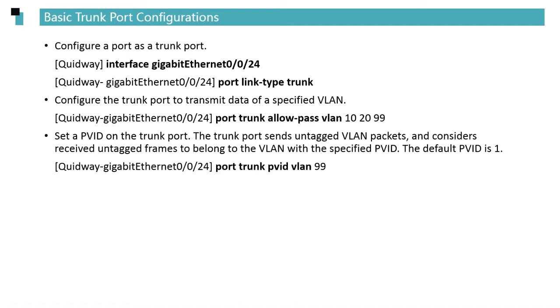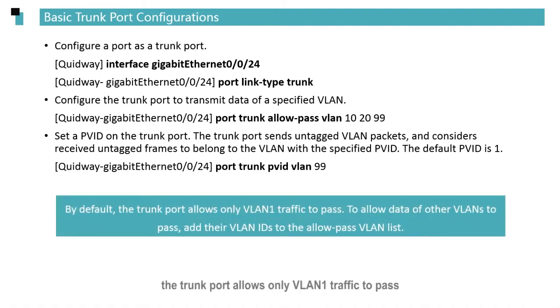On the other hand, after receiving untagged frames, the trunk port considers them from VLAN 99. The default PVID is VLAN 1. By default, the trunk port allows only VLAN 1 traffic to pass. To allow data of other VLANs to pass, add their VLAN IDs to the allow-pass VLAN list.